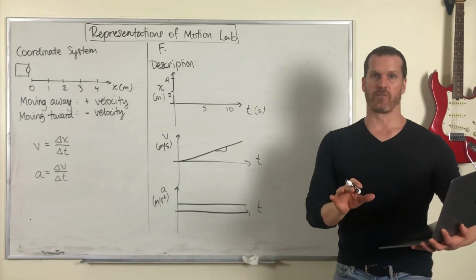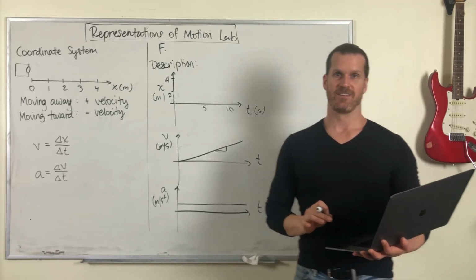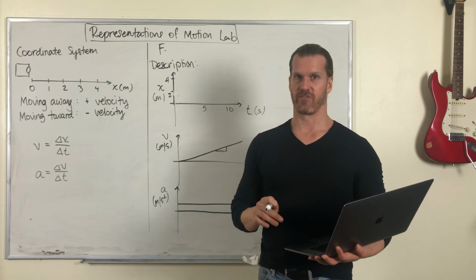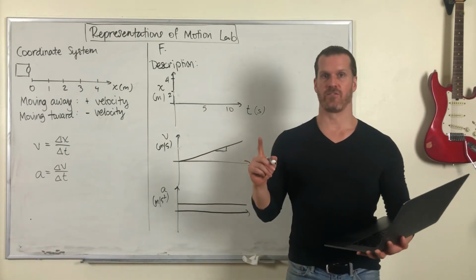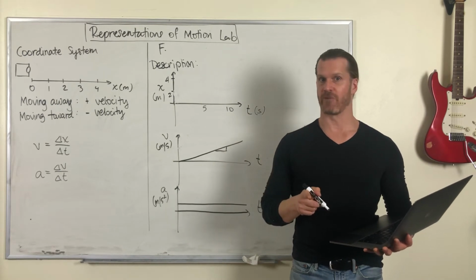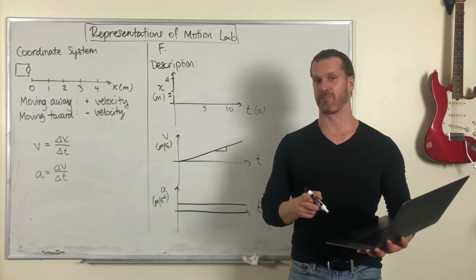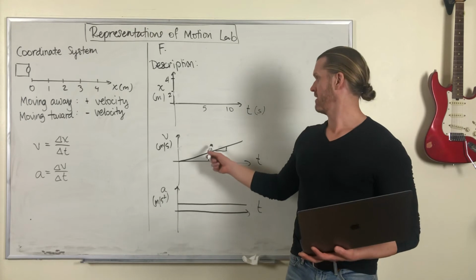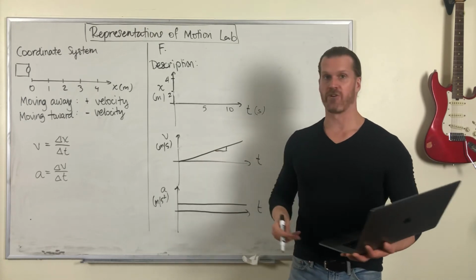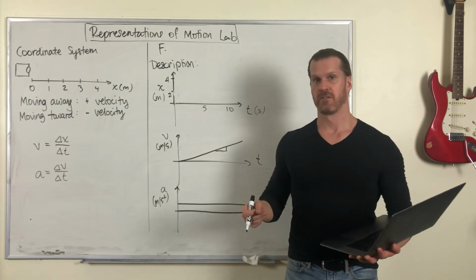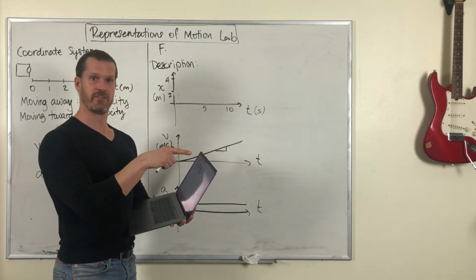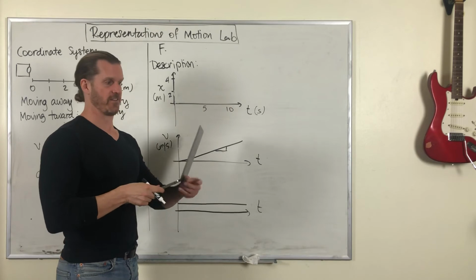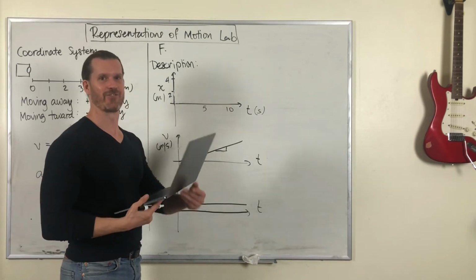Remember, we talked about this relationship between acceleration and velocity vectors. When the two vectors point in the same direction, then an object speeds up. So in this scenario, we're speeding up. We know the velocity is positive. That must mean that the acceleration is also positive.